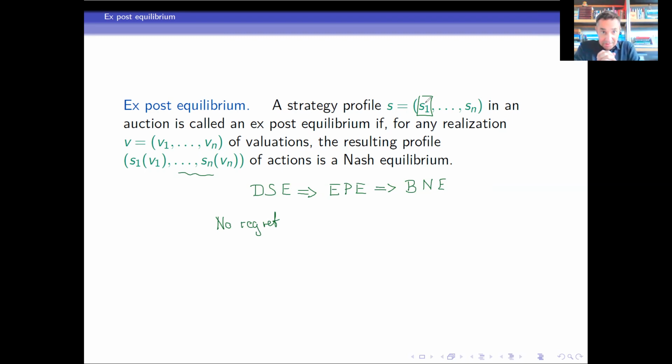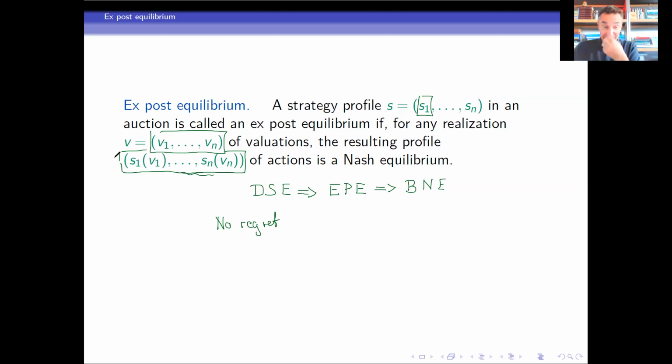But what is the exposed equilibrium? It says that if you make your bid, and then after the fact you observe the realizations and see what happened in the auction, given the bids that you made, would you then have regrets? Would you change your bid after the fact? And if that is not the case, then we have an exposed equilibrium.